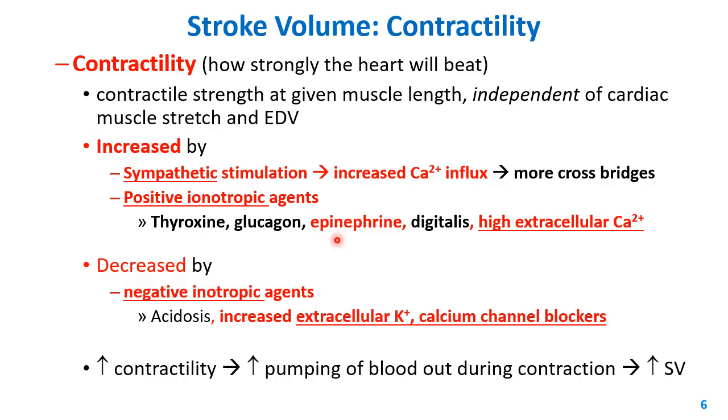Besides that, you also have other forms of input, other agents that can increase the contractility, okay? So you can have either epinephrine or norepinephrine, or you could have some drugs or other hormones that can help with heart contraction, like thyroxine, so that's a hormone, right?